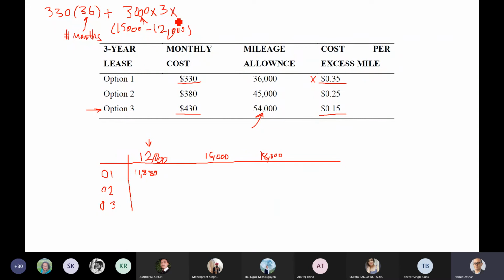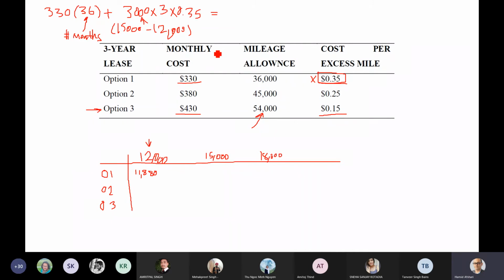How much is the extra cost for each mile? 0.35. So can somebody calculate 9,000 multiplied by 0.35, plus the fixed cost?